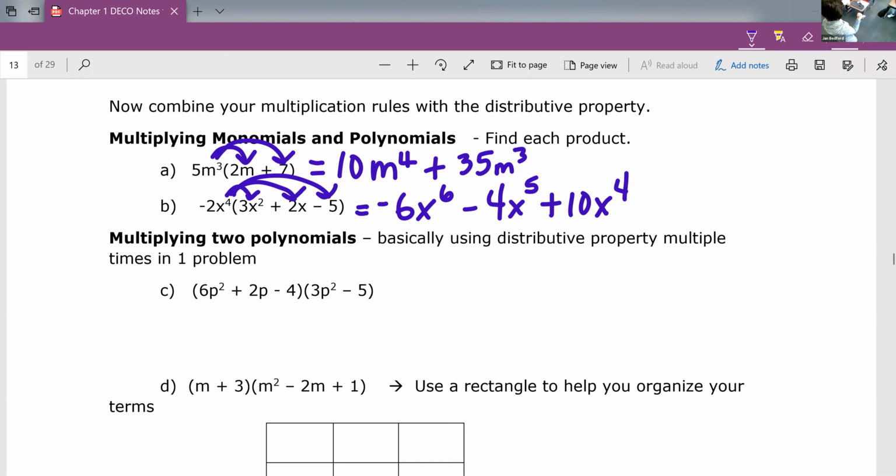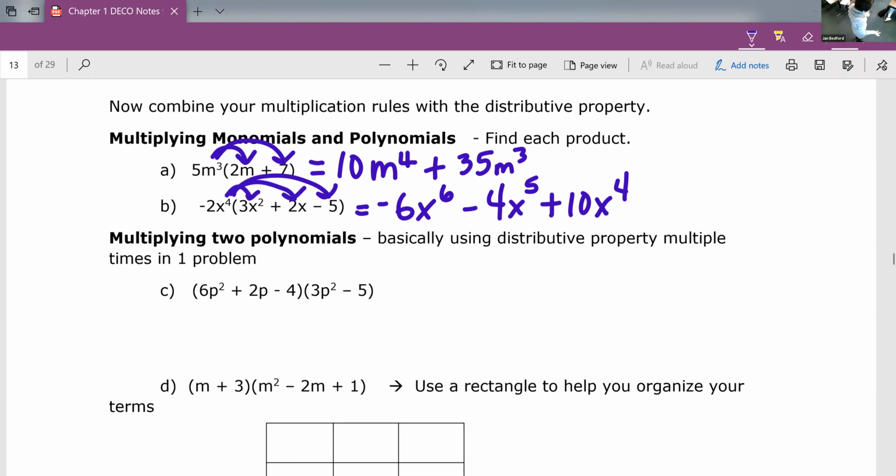Okay, quick signal. Are we good? Multiplying a monomial times a polynomial. All right. I know we're getting to the point that your brain's probably going, so this will be the last thing we cover, but I think this gets you to the point you should be able to finish those problems now in the review. Multiplying 2 polynomials. That is really using the distributive property more than once.